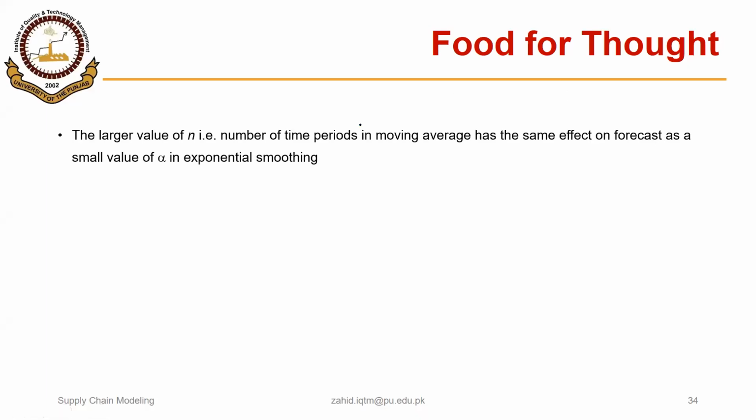Finally, an important conclusion: the larger value for n, that is the number of time periods in moving average, has the same effect on a forecast as a small value of alpha in exponential smoothing. So that is an important conclusion.